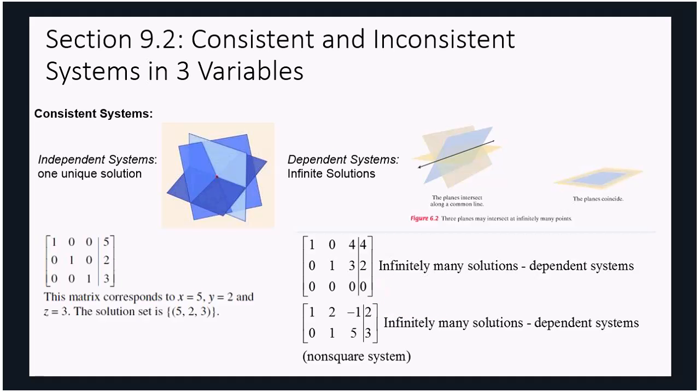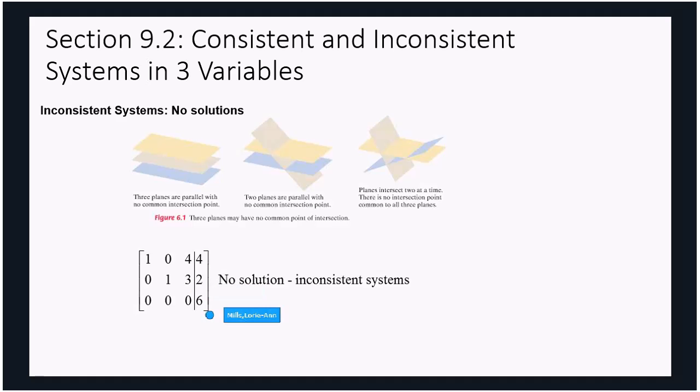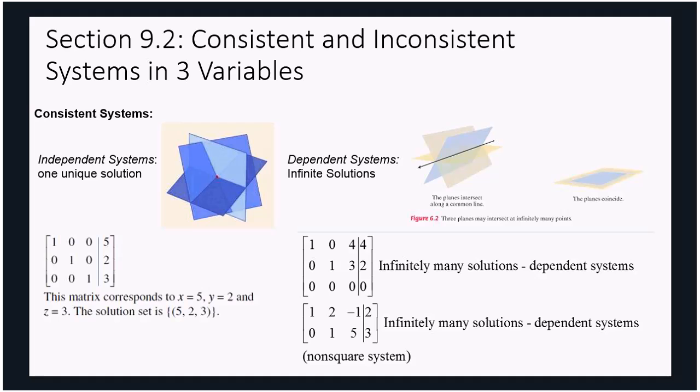So either you're going to get one where you have all zeros but your constant is not equal to 0, you're going to have just your normal system set up, or you're going to have a system where again it's all zeros but your constant is also equal to 0. So that's infinitely many solutions. Or you're going to have a non-square matrix. A non-square matrix is where you have two rows but you have three variables. So your variables and your rows don't match up.